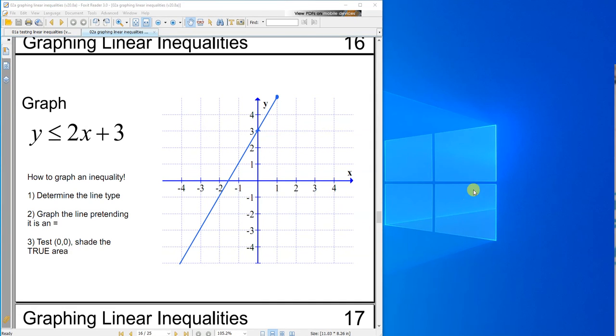Good, solid line. And now I have to figure out where to shade. So I have to test 0, 0 and see if 0, 0 is true or false. 0 is less than or equal to 0 plus 3. 0 is less than or equal to 3. This is true. So this point right here is true, which means everything underneath it is true.